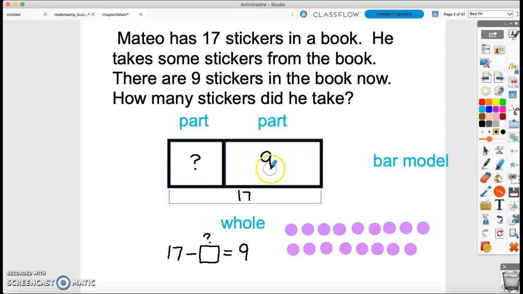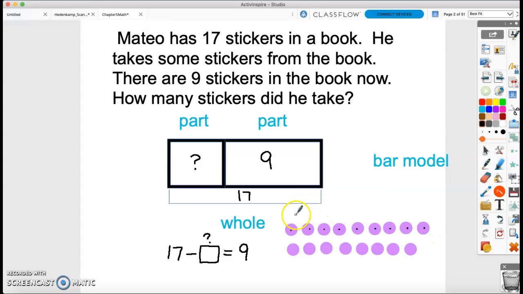So we don't know what one part is, but we know what the other part is, 9. So I'm going to count out 9. 1, 2, 3, 4, 5, 6, 7, 8, 9.